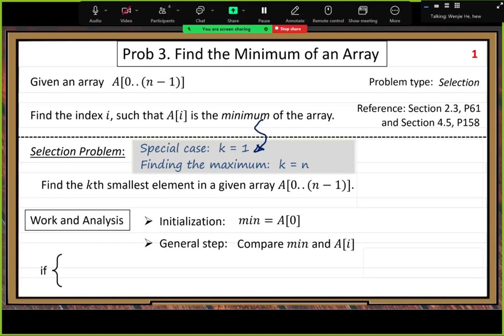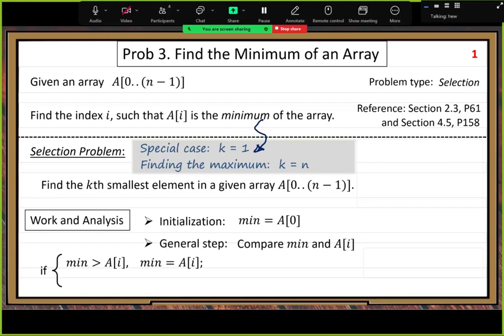There are 2 cases we can consider. The first case: when min is strictly greater than A of I, we replace the older value in min by the current value in A of I, so we make the current minimum smaller.